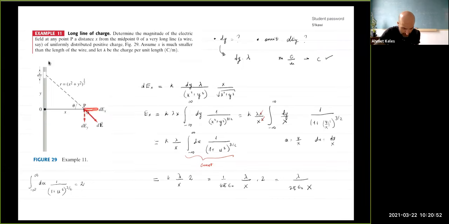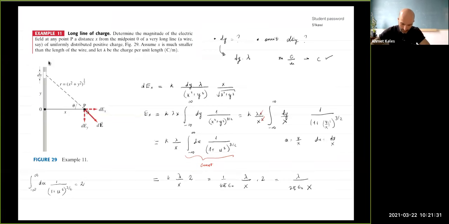So I need to project it to find the x component. And the x component is cosine theta, and cosine theta is x over the root of x squared plus y squared, like this. And the total integral comes down to this. I took x outside, dy over x squared plus y squared to the power 3/2.